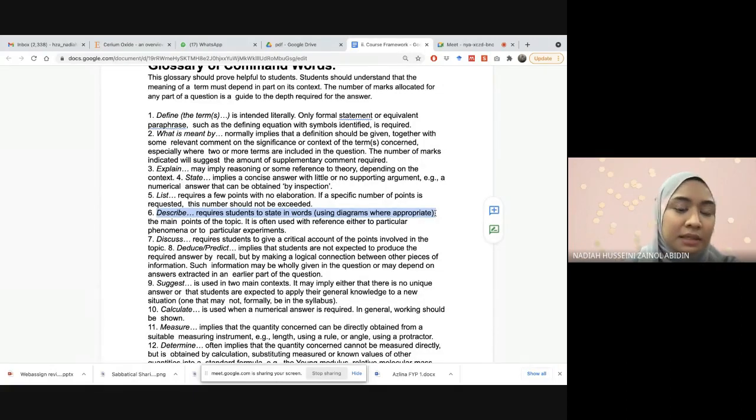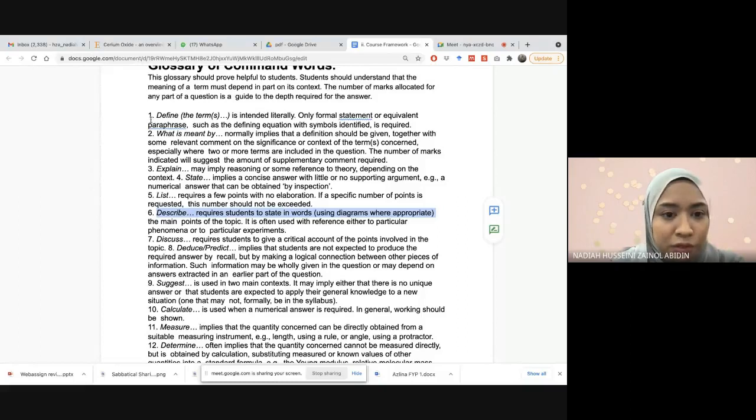Let's say they ask you to describe how a heat engine works. You can have the diagram but you need to explain what the diagram is. Tak kasih diagram je tapi suruh orang faham sendiri. Tak boleh. You have the diagram, you explain the diagram. Okay. So this is when they ask you to describe in the test.